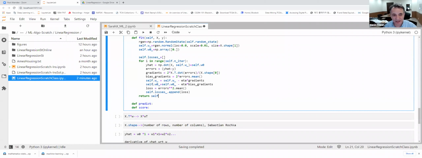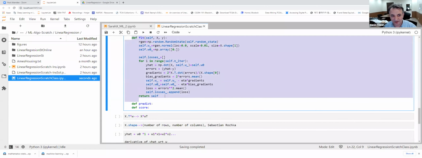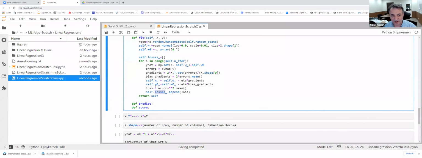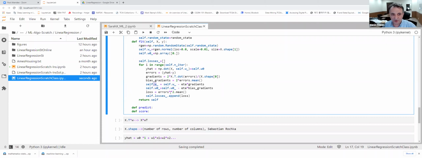Whatever we assign to self in here, all W's, W0s, losses, will all be returned from this function. When we run this function, we are going to have losses, W0, and W. Anything that is attributed to self will be returned. This loss will tell you how your loss changes as you update your W's.